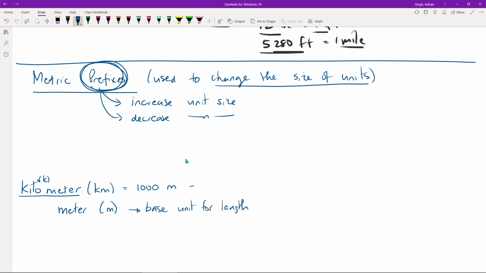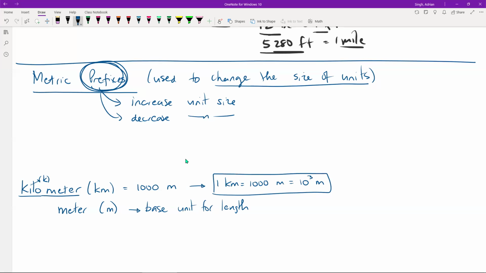So another way of saying this is that 1 kilometer equals 1,000 meters, which is the same as 10 to the 3 meters, right? You would see kilometers being used to represent distances, or kilometers per hour, or speed on your speedometer in your car, for instance. That's a very common metric unit with length. So 1 kilometer is the same as 1,000 meters.